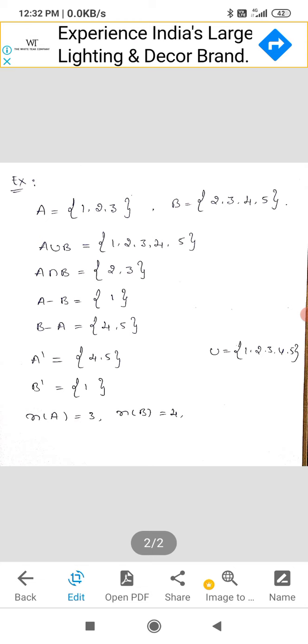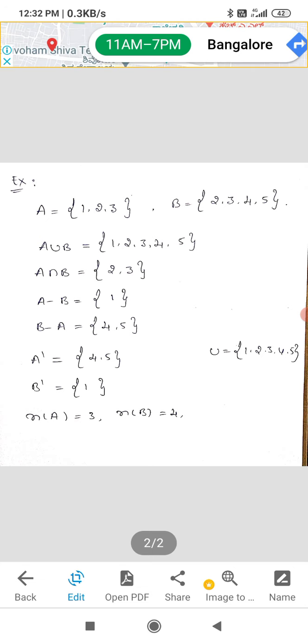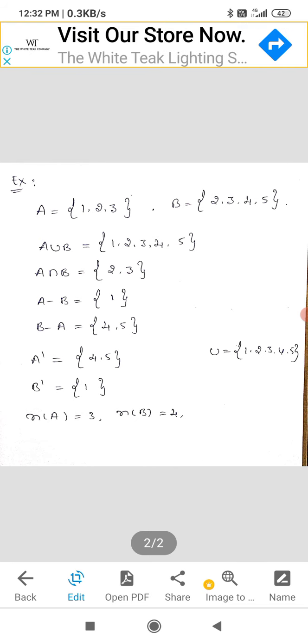First, A union B. As I already told, union is nothing but the combination of A and B. A union B is {1, 2, 3, 4, 5}. A intersection B is the common elements of A and B. What are the elements which are common to both A and B? 2 and 3, right? So A intersection B is equal to {2, 3}.